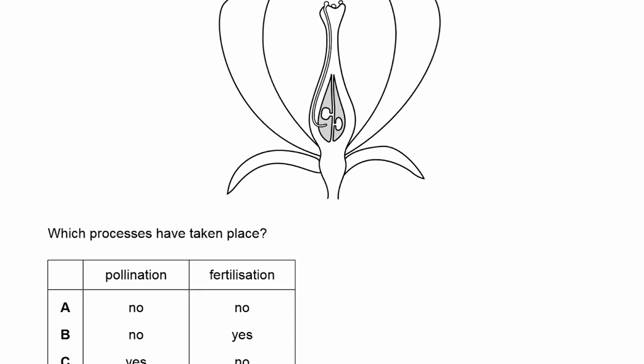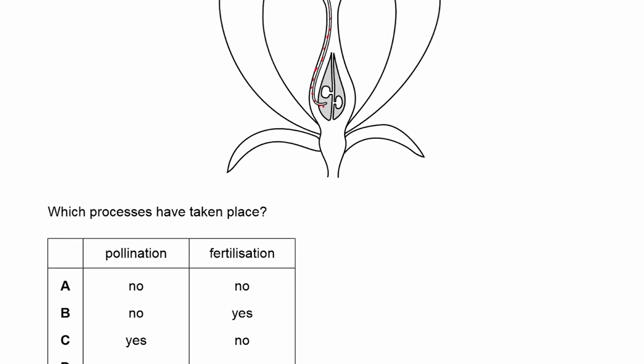If we look at it, we can see there's a growth of a pollen tube, this one here. If there's a growth of a pollen tube, it means pollination has taken place. Pollen has landed on the stigma and the pollen tube has grown, hence the pollen is moving down into the ovary through the pollen tube. Now, what process has taken place? Pollination has definitely taken place.